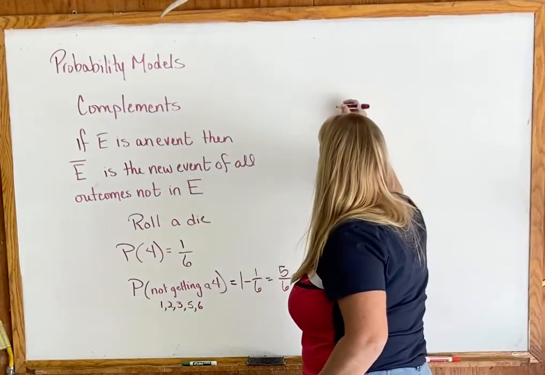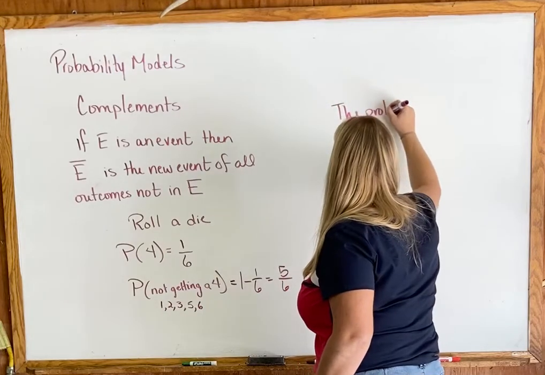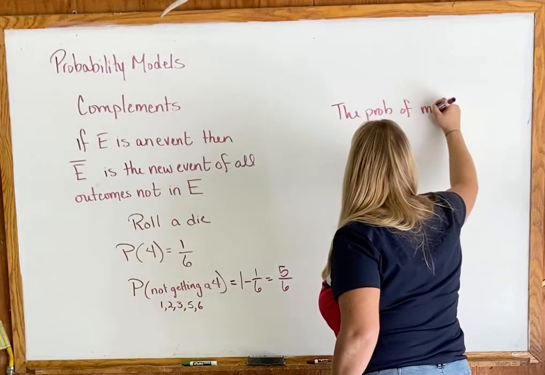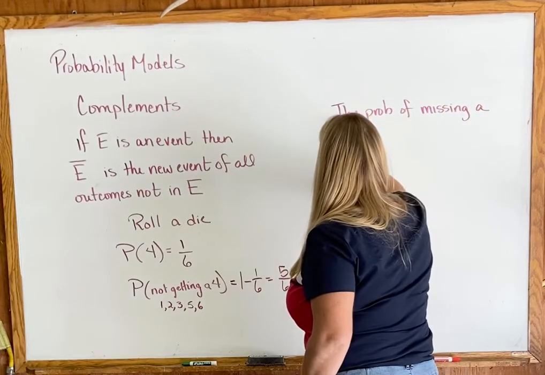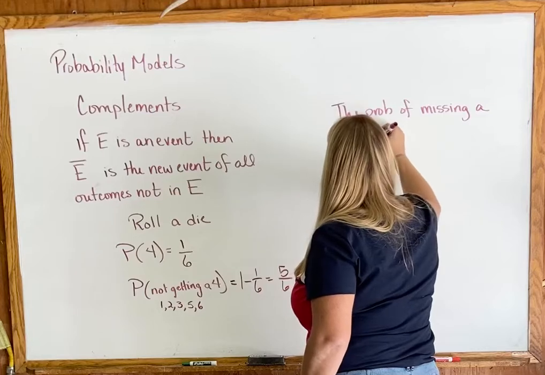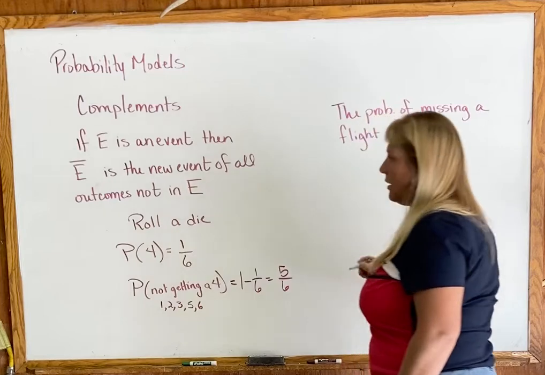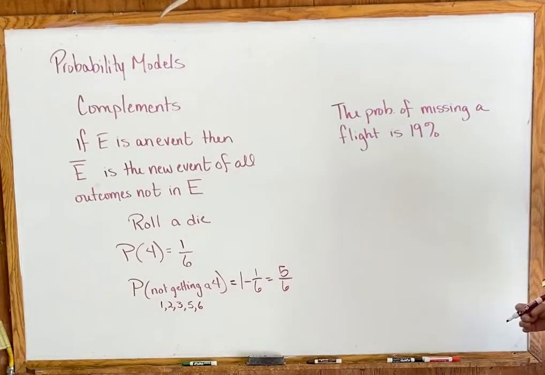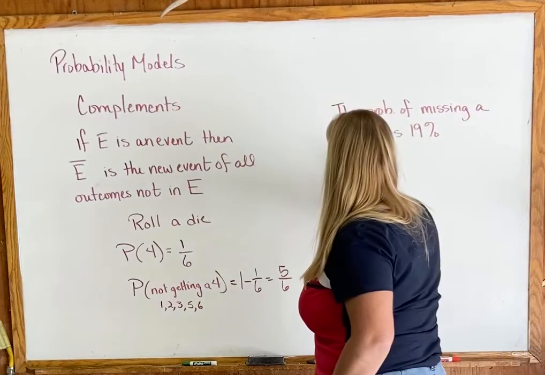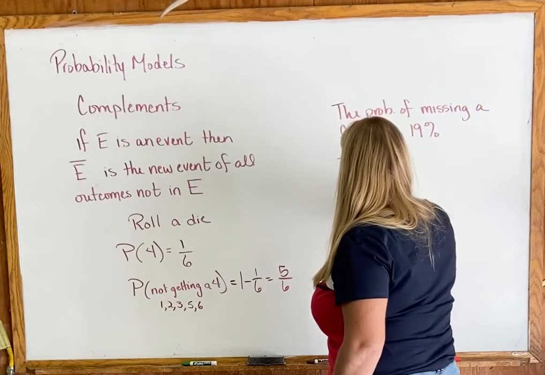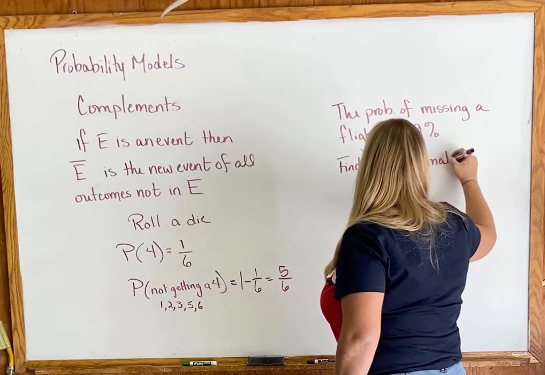So let's say that the probability of missing a flight is 19%. Okay, so you're gonna go take a flight. The probability of missing that flight is 19%.